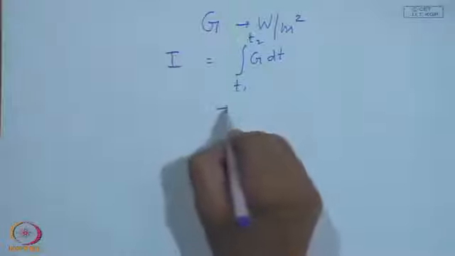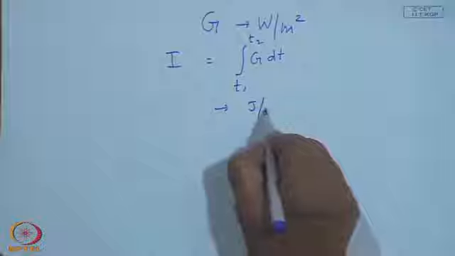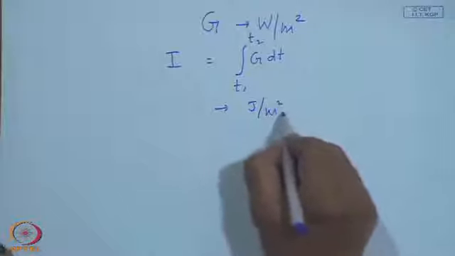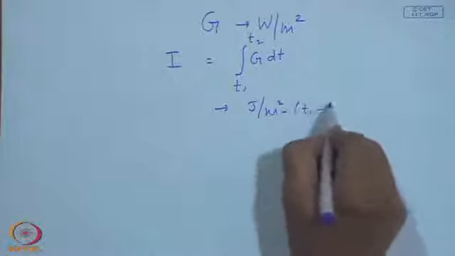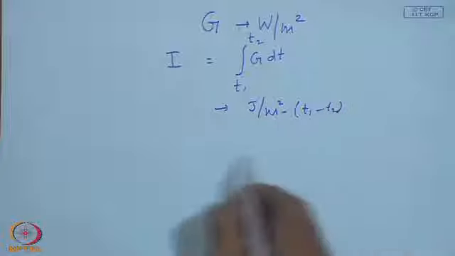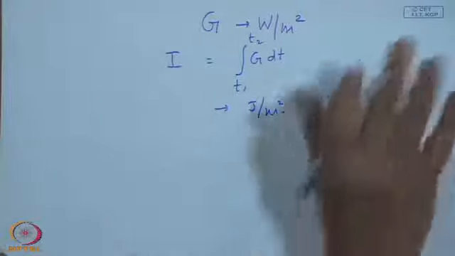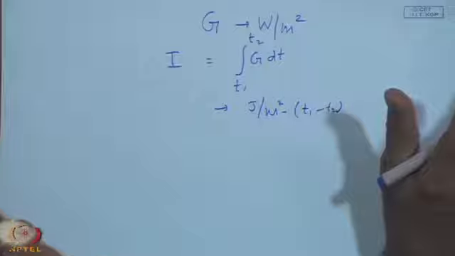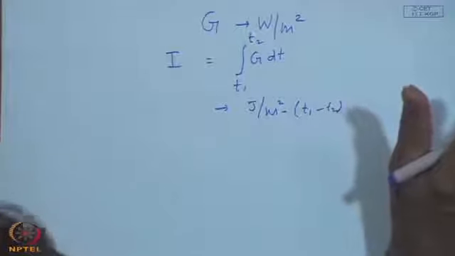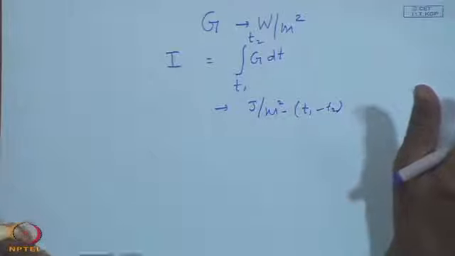So, the units will be so many joules per meter squared hyphen within T 1 to T 2. That means, so many joules of energy is collected in the time interval between T 1 and T 2.